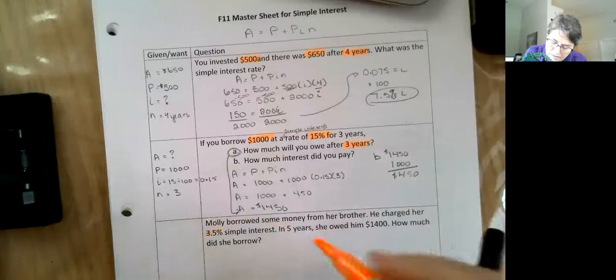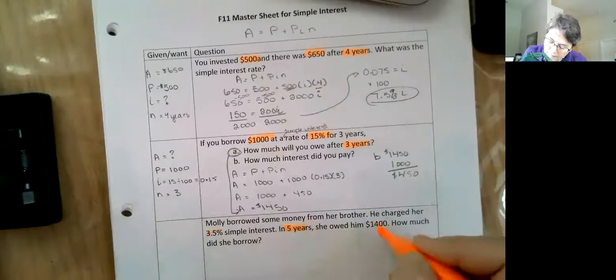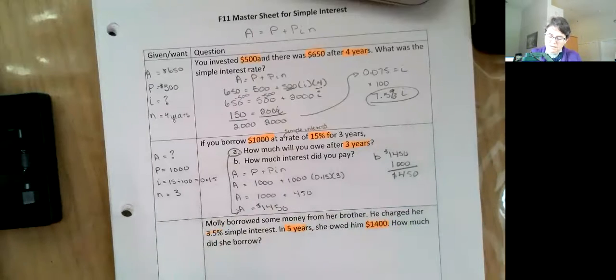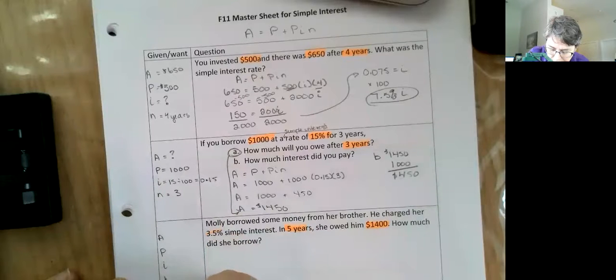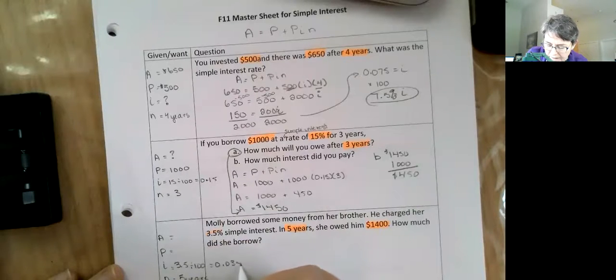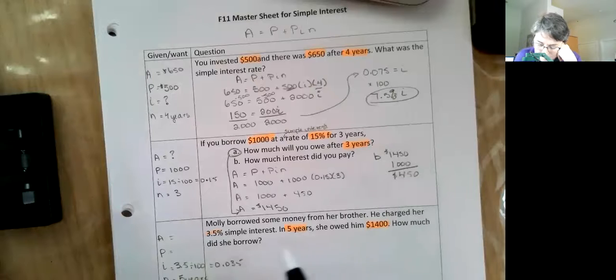There's an interest rate, there's a time, and there's some money. So N is 5 years. I is 3.5 divided by 100, which is 0.035. Now, the question is, is it an A or a P?